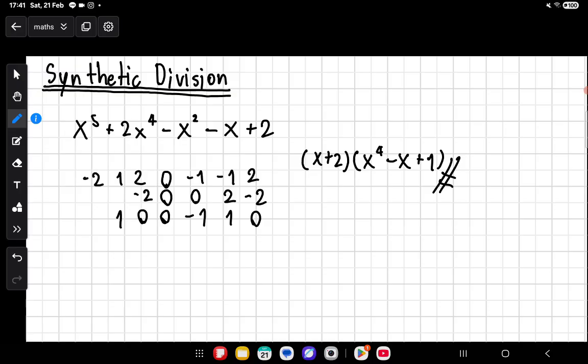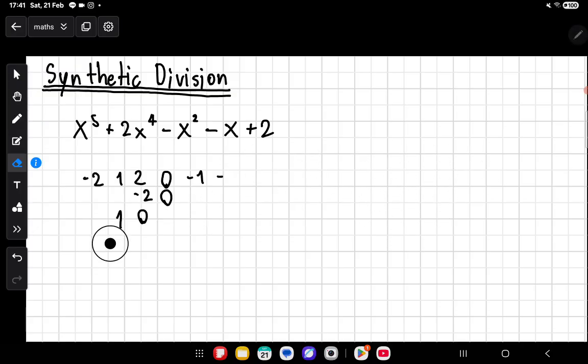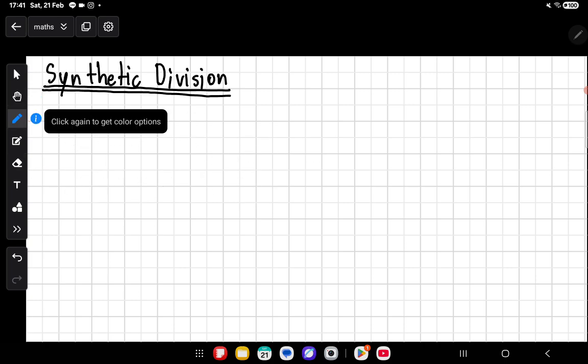Now, maybe I should give you another example. But assuming that you have already gotten the basics done, actually, no. Let's give you another example. So, we're gonna pick a random polynomial on my list right now. Let's get x cubed plus 10x minus 11.